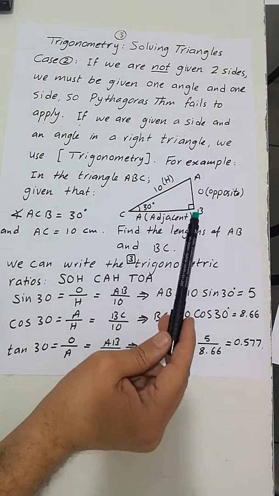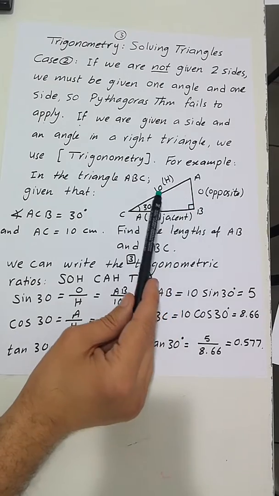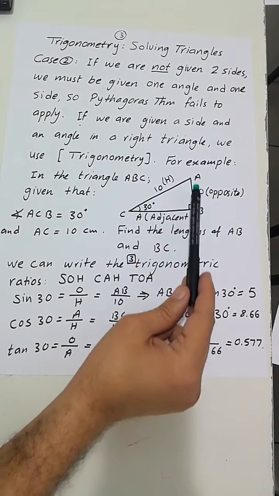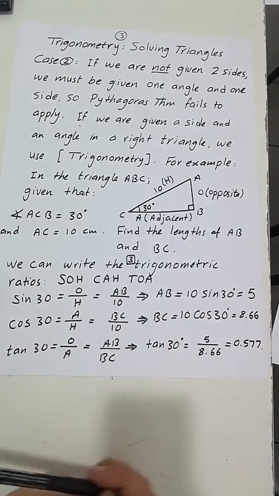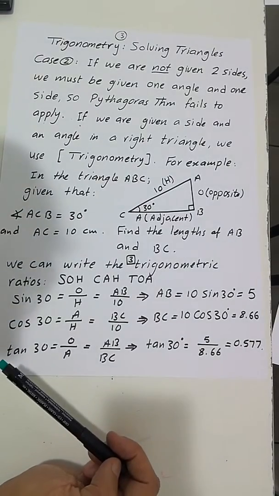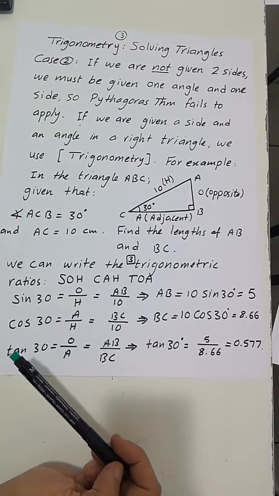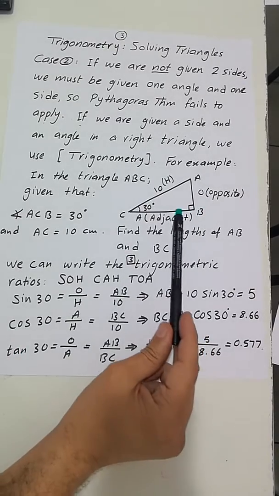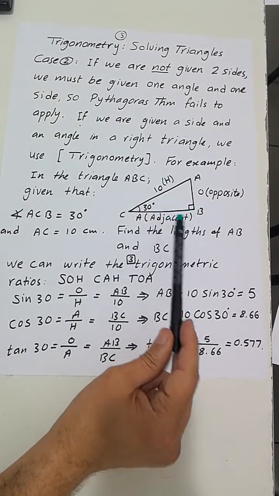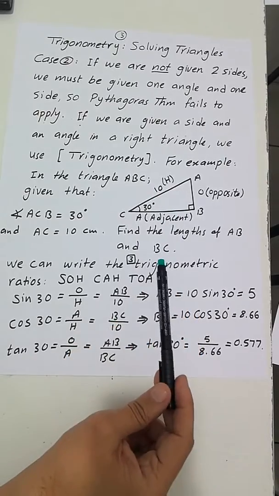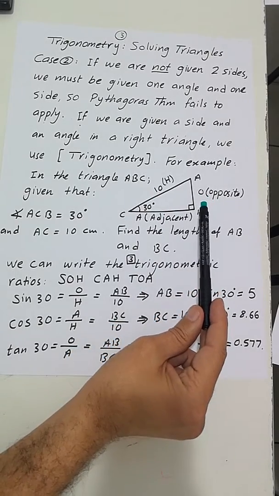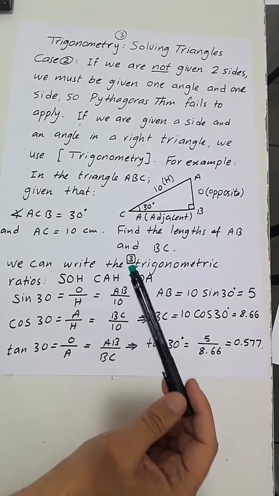So notice again, focus on this point, we are given one side. Pythagoras will fail because AB and BC are both unknowns. So you can't use Pythagoras. From this shape, we can write 6 possible trigonometric ratios, as they are called in mathematics.